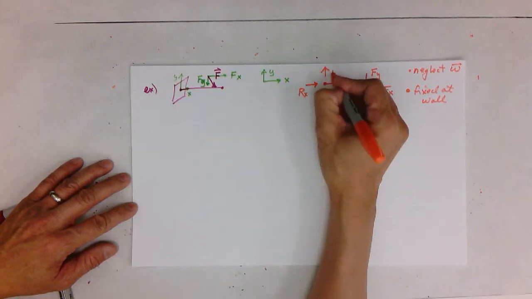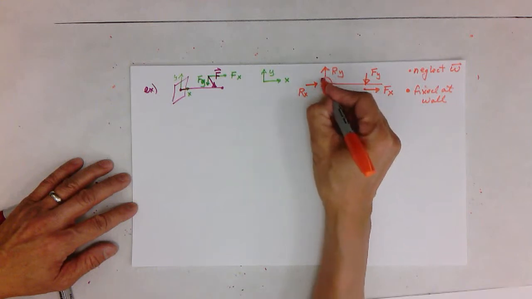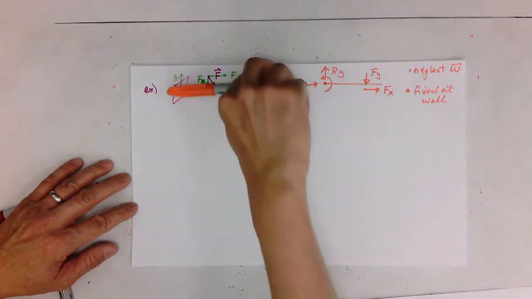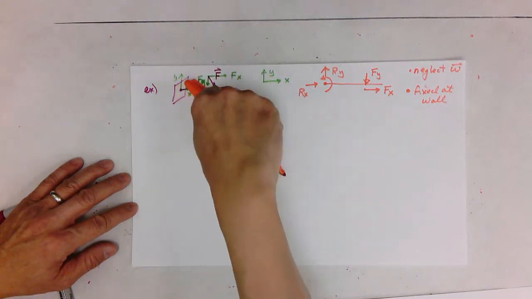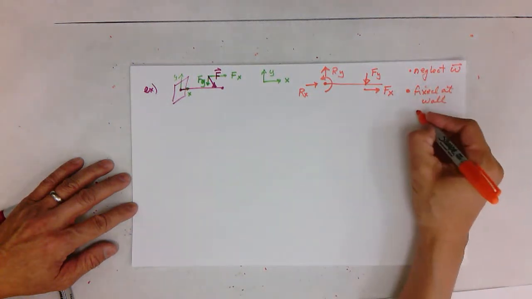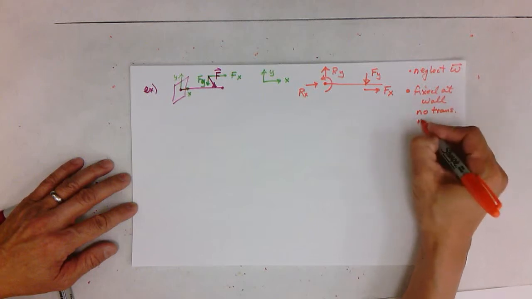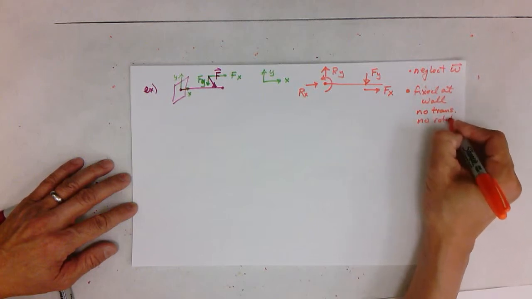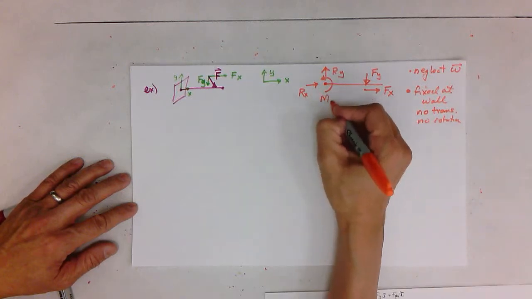This is unknown. And I'm going to apply a moment. This beam, which I'm pushing down on at an angle, is going to want to rotate. If I say it's fixed, then there's no translation and no rotation. So to get that condition, I have to apply a moment.